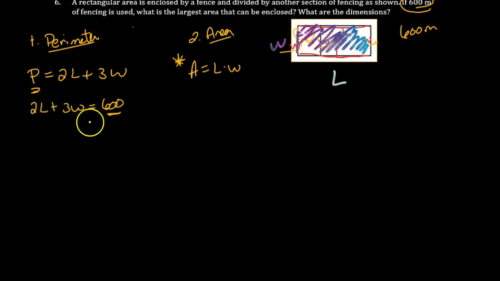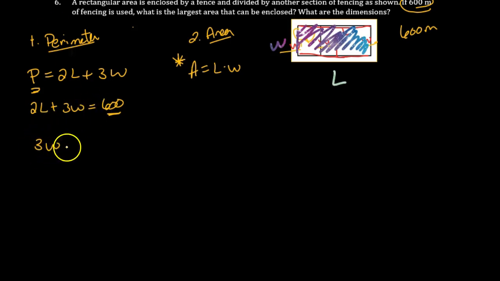It doesn't matter. It's still going to work out. Okay, I'll solve for L in this one. I think the last equation we used, we solved for W. So let's just change it right here.